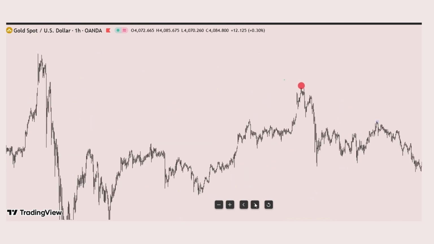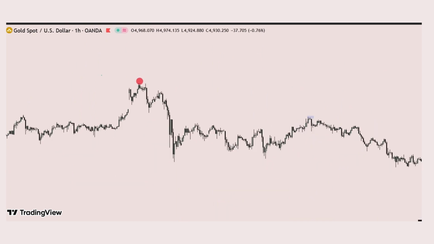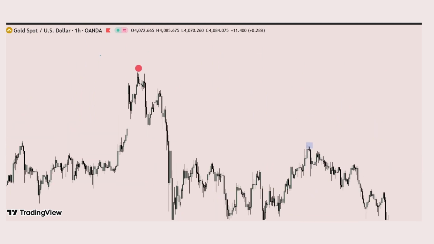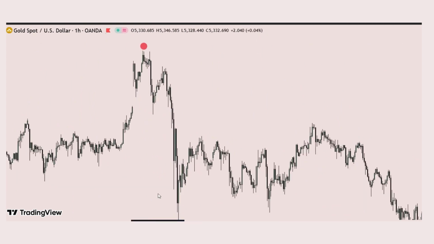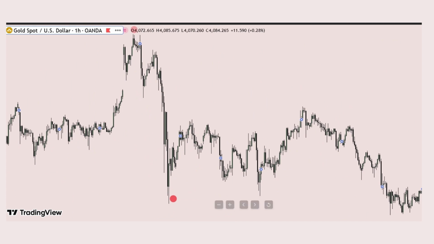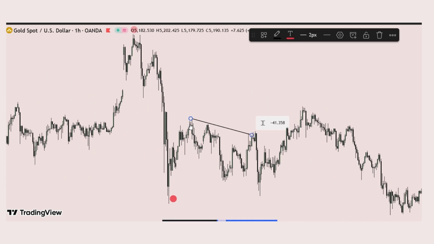Let's start from here, from this zone. This is one leg. So let's mark it high and low. From this zone, where is trend line liquidity? As you can see, this is trend line liquidity.